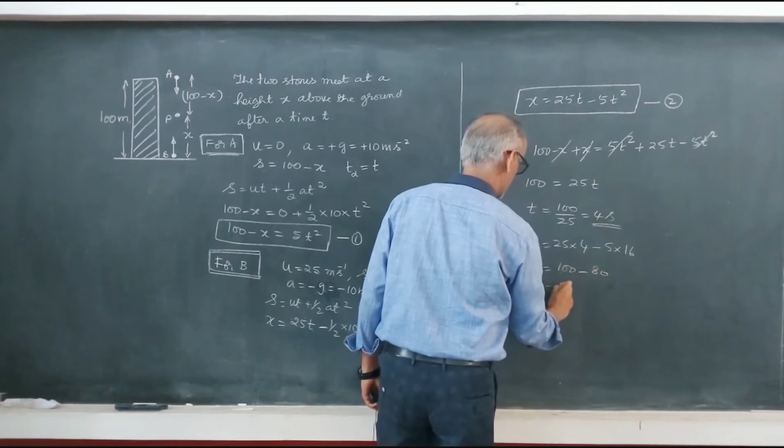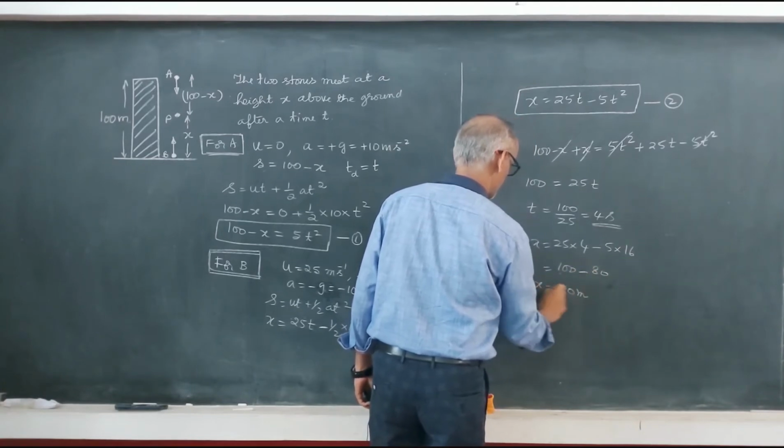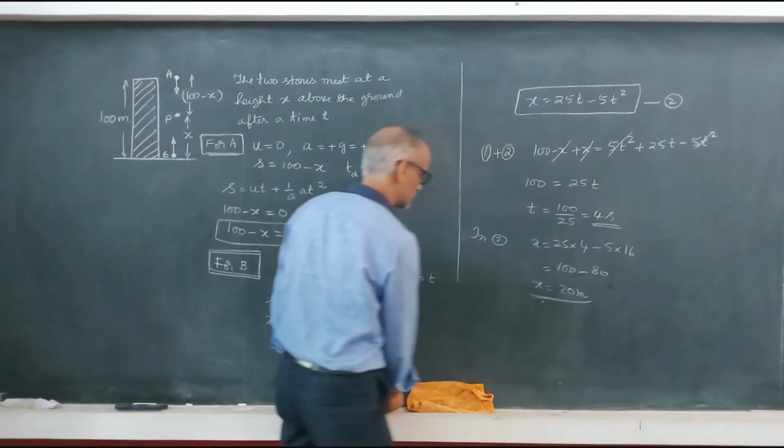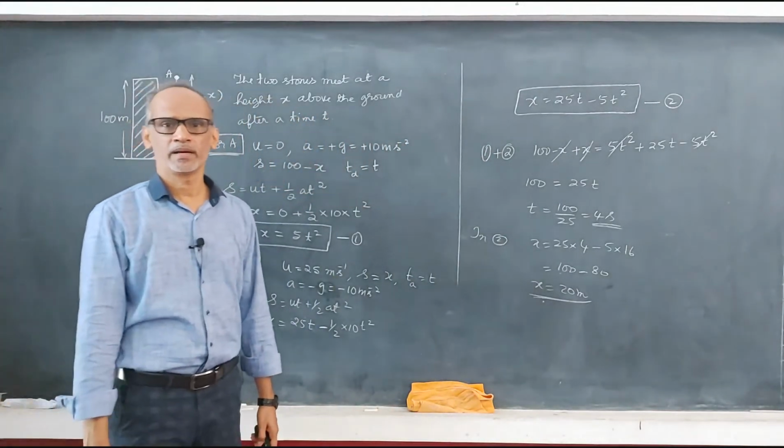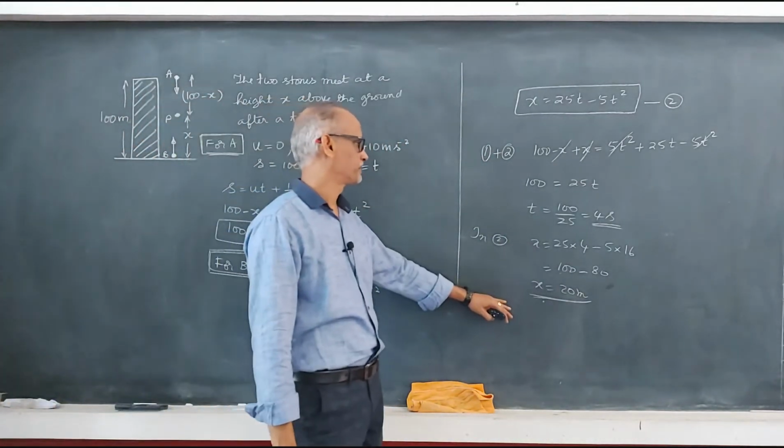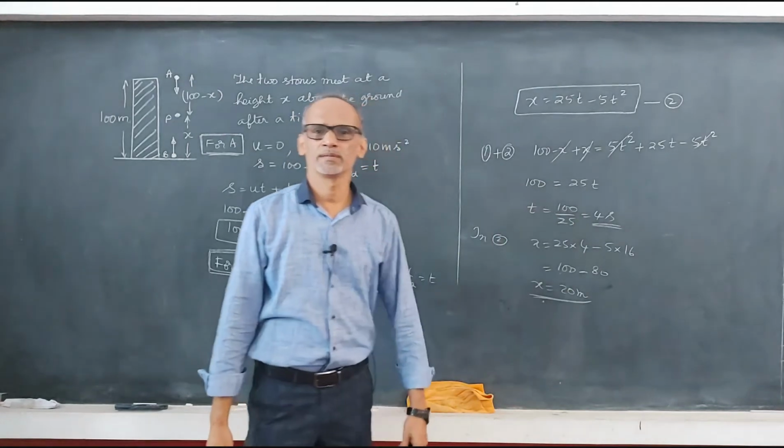So 100 minus 80 is 20 meter. Therefore, the two stones meet at a height of 20 meter after 4 seconds.